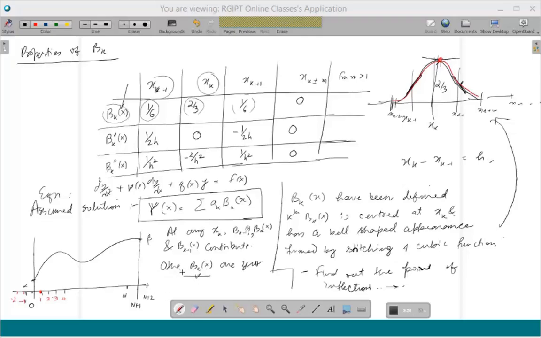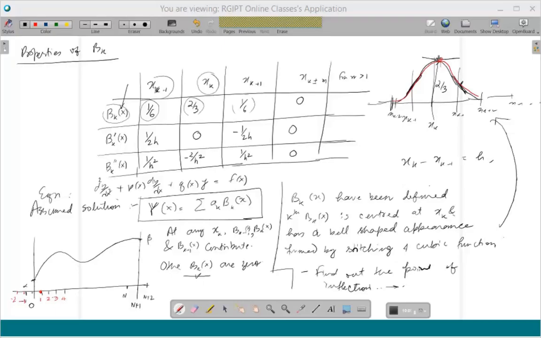For example, B1 at 1, I'll be getting values from B0 and B2, right? Remember, I have a value at 1. So my differential equation is applicable in the entire zone, starting from the first point to the last point.